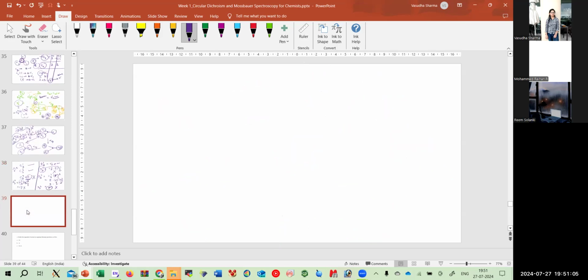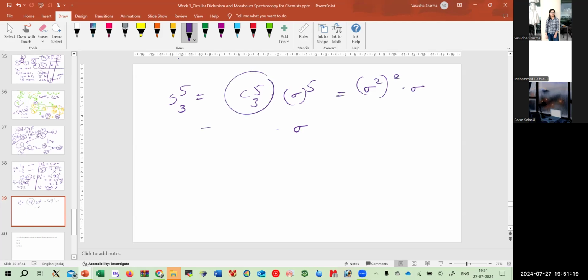Now calculate S35. S35 is C35 and sigma 5. Any odd number of sigma would be sigma. If you just do it like this, sigma 2 into sigma, this would be sigma, right? What happened to C35? C35, if you write it this way, is actually C32.